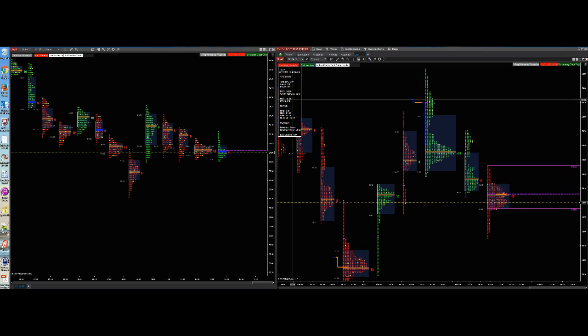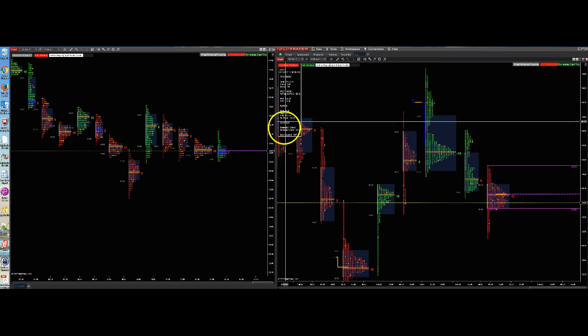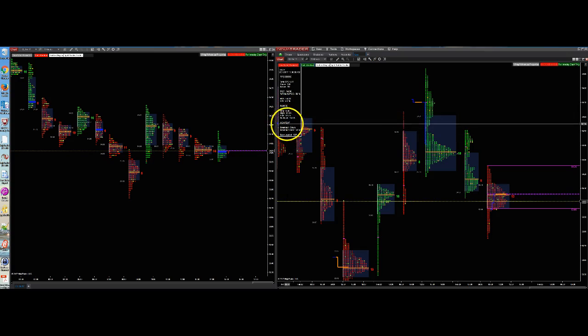Very nice number to look at. The high value area and the low value area, we have stuff about the range of the profile, and here we have the stuff about the breakout, down or up, and what is the level where it happened.